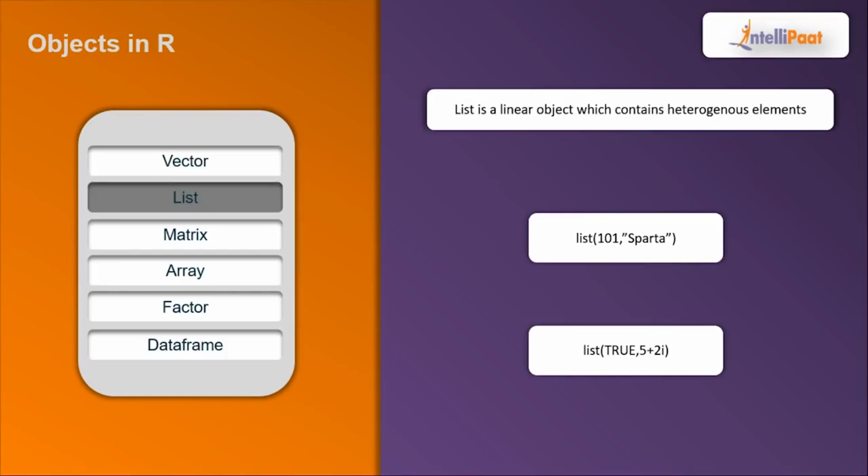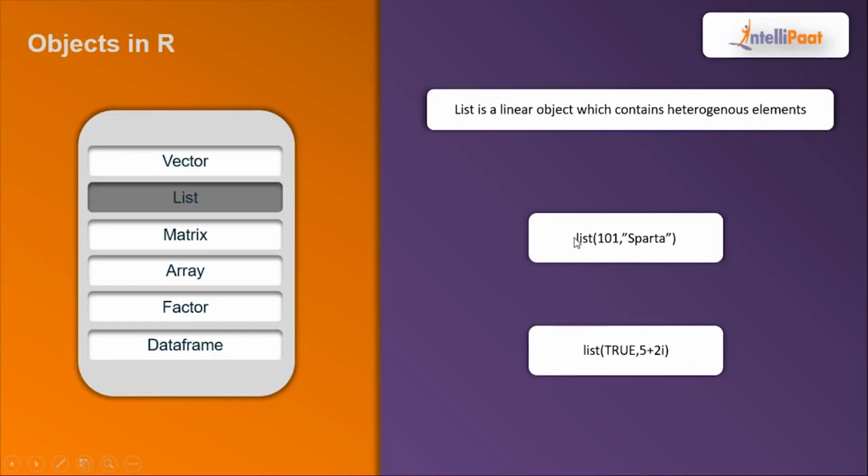So next we have lists. So a list is actually similar to a vector, but the only difference is a list can contain heterogeneous elements. That is, even if you pass in elements of different types to the same list, they will not be coerced to the data type of higher precedence. So let's take this example over here. This is how you can create a list.